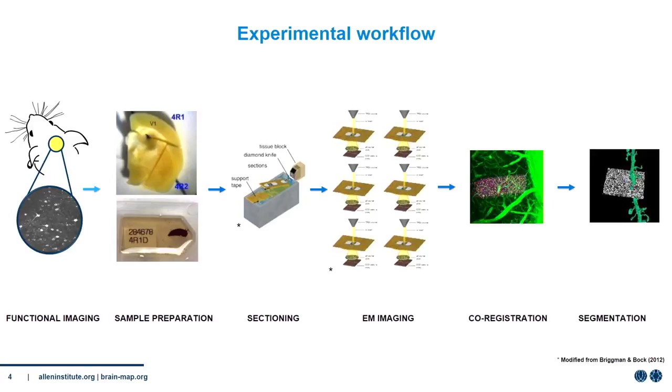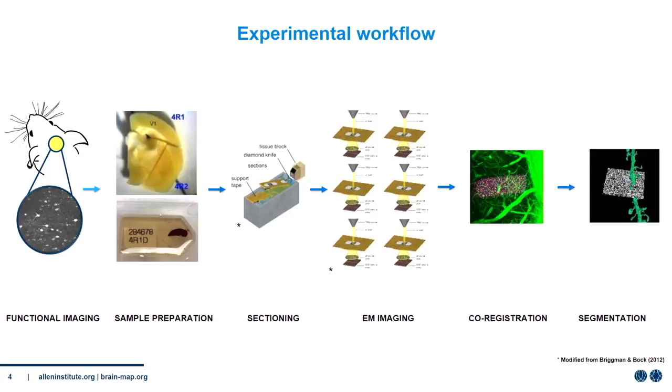That animal is then sent to us at the Allen Institute, and we start here with the sample preparation. The animal is perfused, and the brain is removed and sliced into 1.2 millimeter slices. It's then further trimmed down to the region of interest in the V1 visual cortex. Then that sample is processed for electron microscopy and finally embedded into a hard resin block.